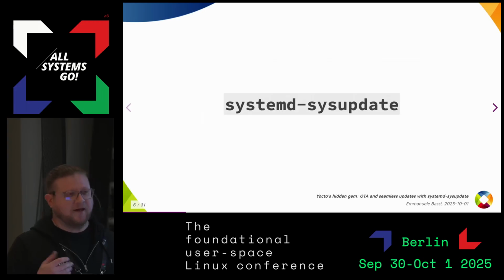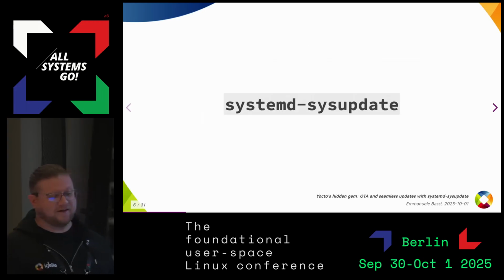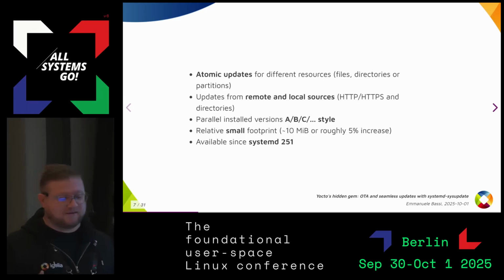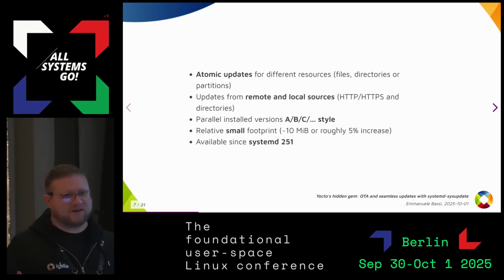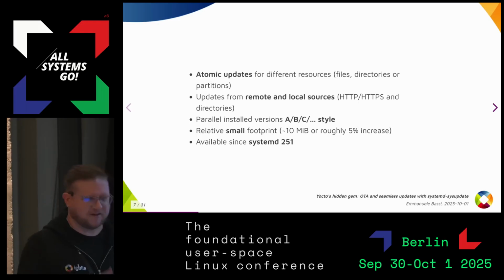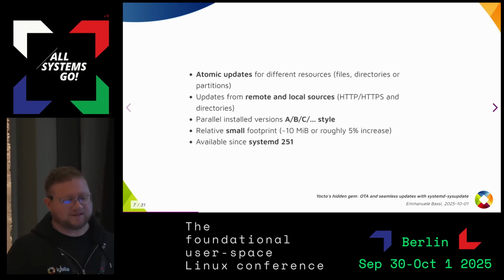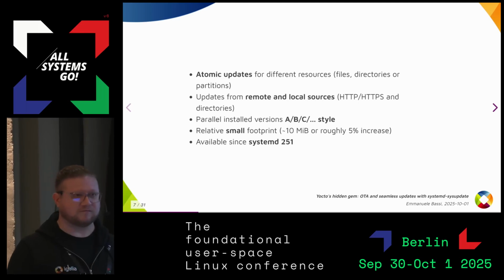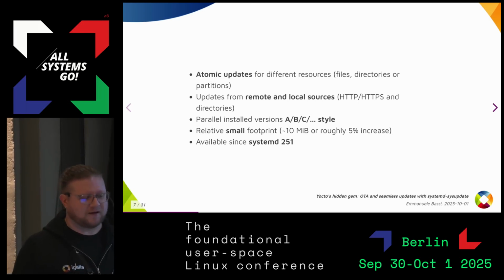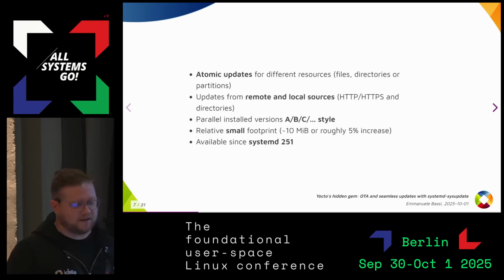So how about systemd-sysupdate? If you're here, you probably know something about sysupdate, but again, just as a quick recap, sysupdate gives you atomic updates. You can get an OS image from remote and local sources. You have A/B partitioning update style.